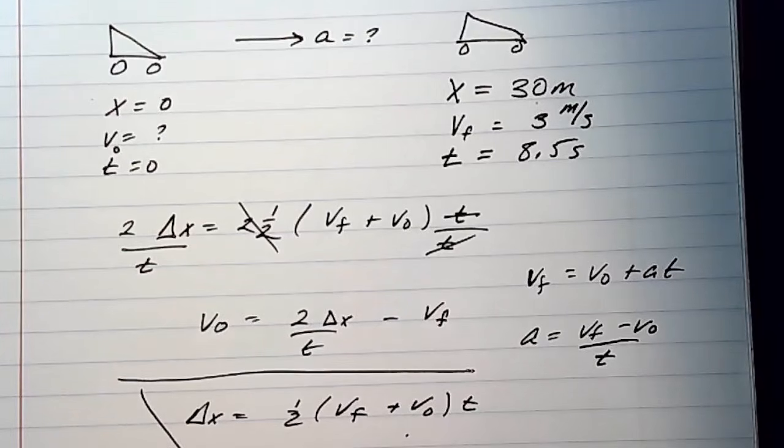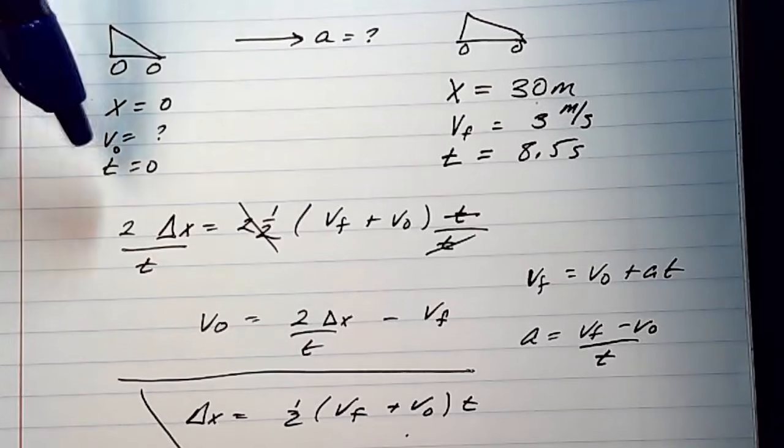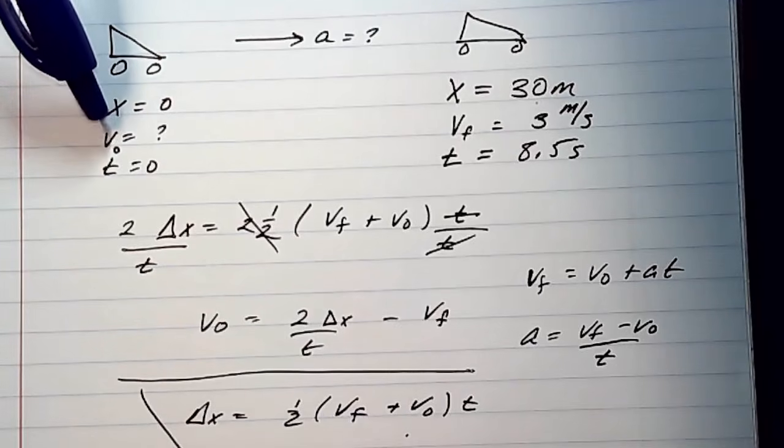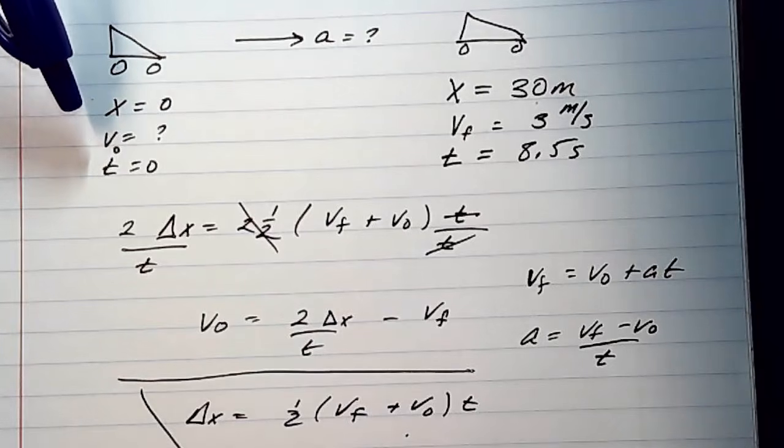And it's a lot easier if I'm trying to solve a problem to start with recognizing I don't have V initial. Go ahead and get it, because every equation that I start with uses it. Don't try to derive a new one, but you can do that if you want.